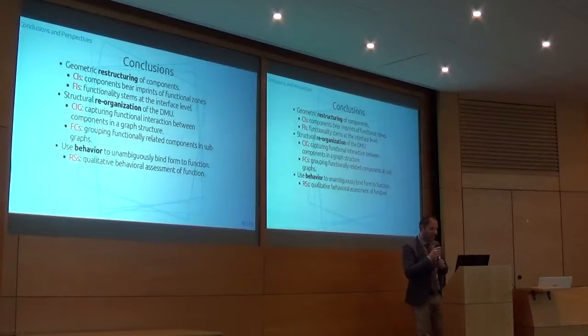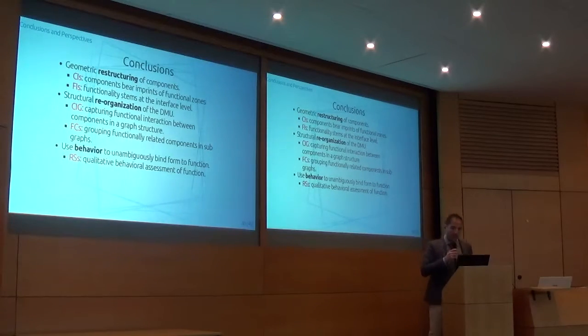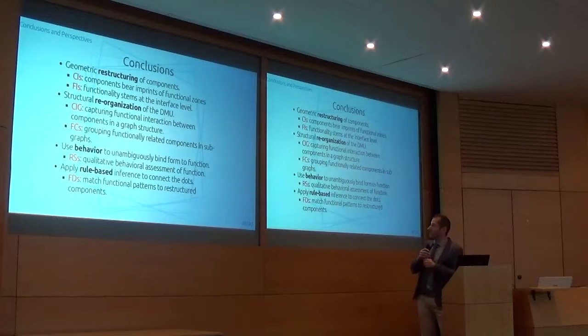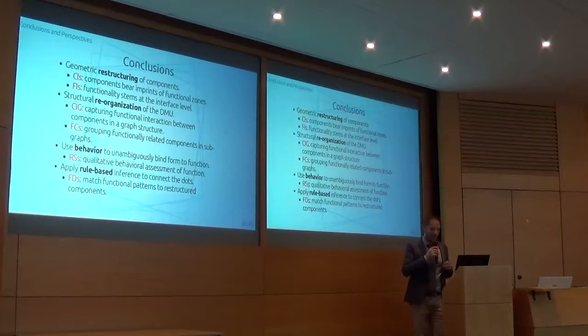Now, to this end, we used a qualitative behavioral assessment of functionality in a mechanical context. We defined reference states to do this job. Now, we also applied a rule-based inference to complete the functional picture of the DMU, building an ontology of functional designations.